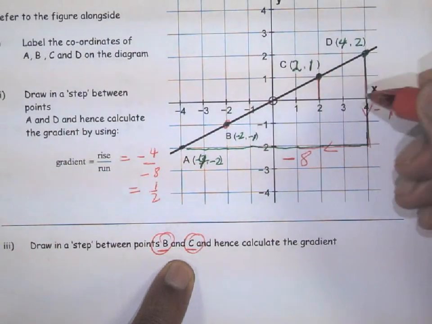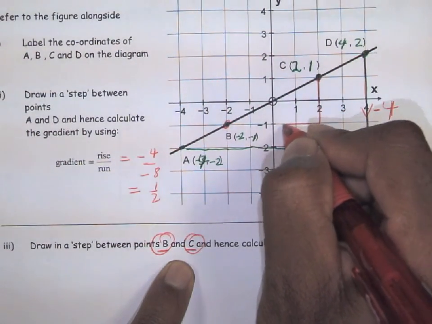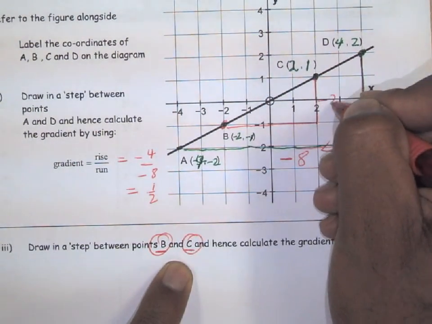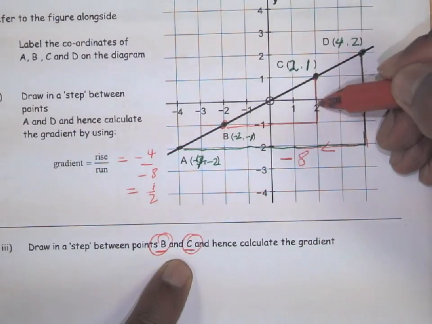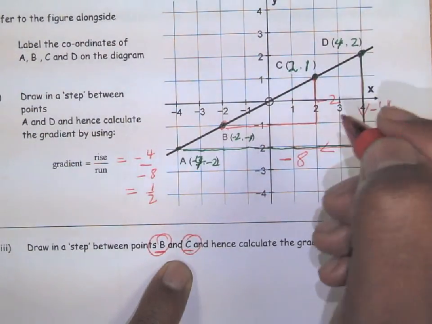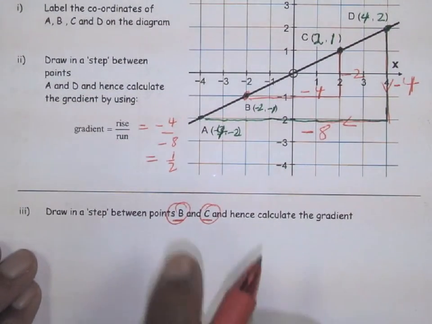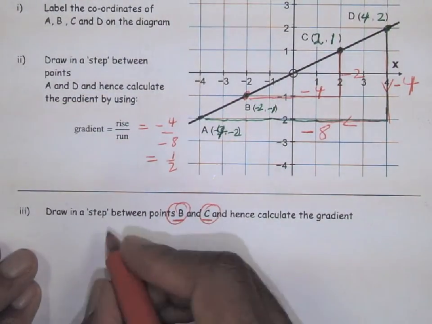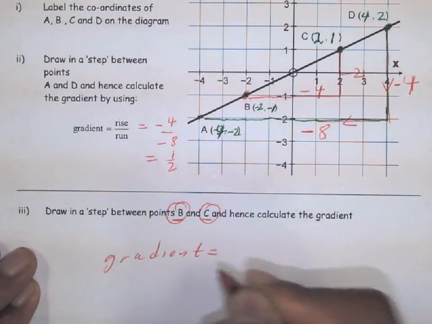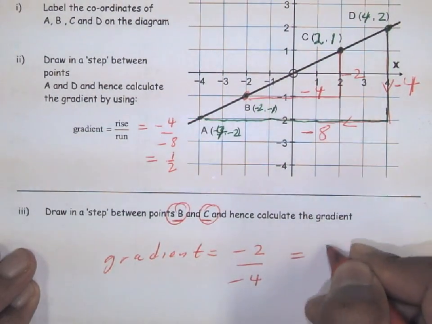So it's 1, 2, across, 1, 2, 3, 4. So this is minus 2 because we went down, minus 2. That negative direction, how many units? Minus 4. So the gradient using B and C is still what? Minus 2 over minus 4, which is actually a half.